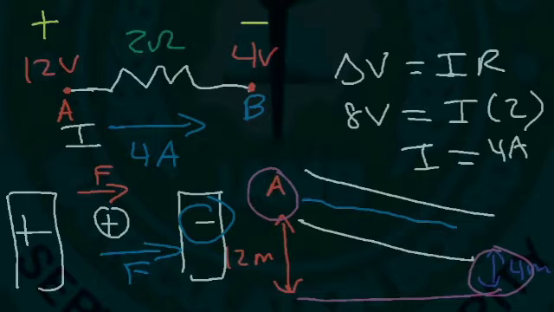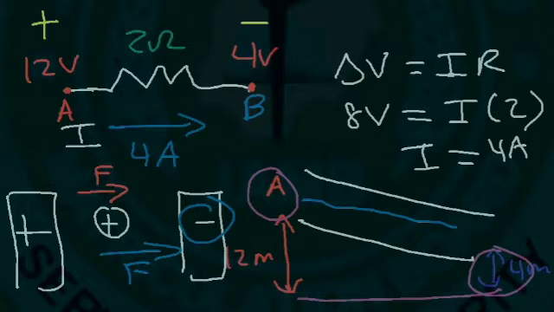Therefore, a positively charged particle is going to move away from the side with the higher voltage, which is positive, and flow towards the side with the negative voltage, or the side that has less voltage, because it's attracted to the negative charge. Now for electrons, the situation is different.